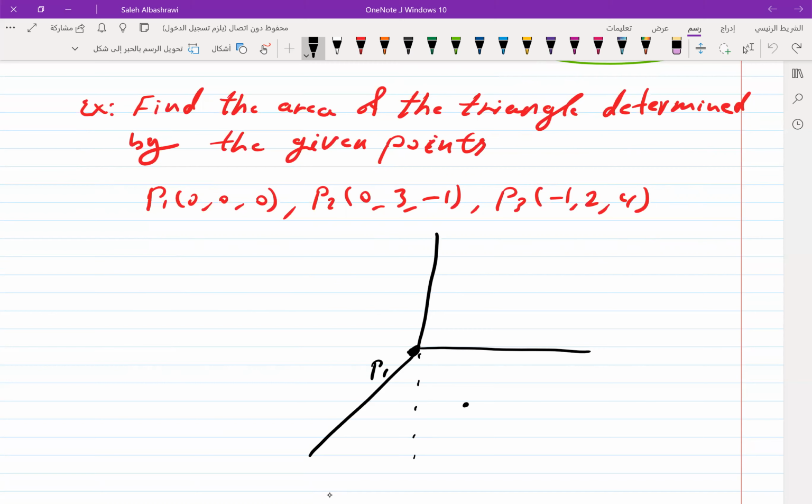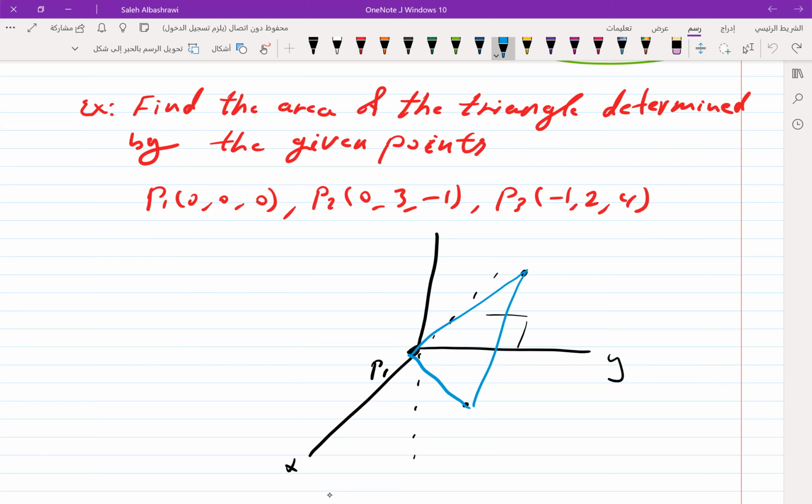The third one is B3, which is minus 1 on the x-axis, 2 on the y-axis, and 4, so it will be up. So we need to find the area of this triangle in a 3-dimensional space.